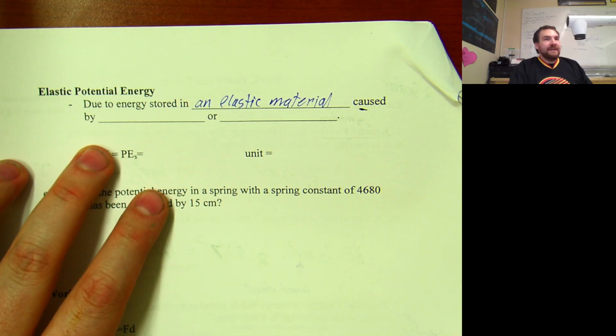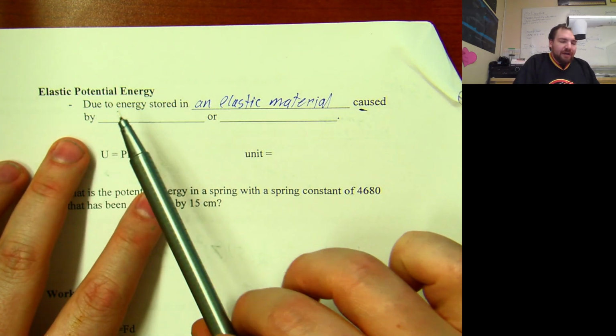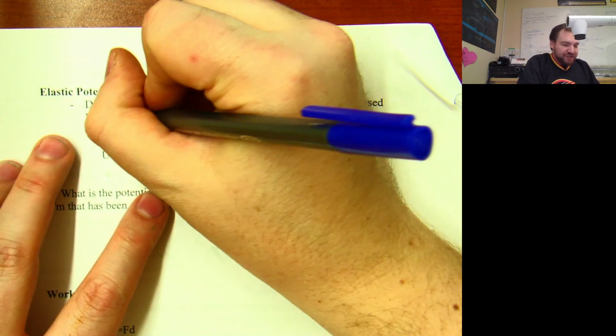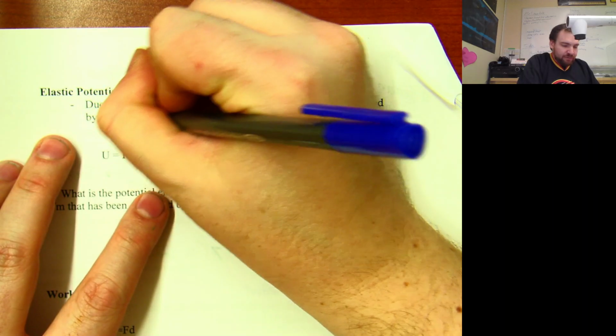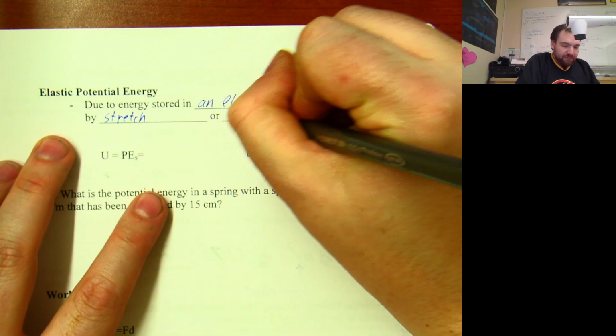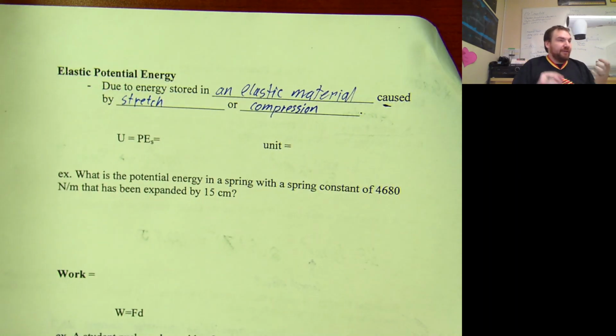Like a rubber band would be an elastic material. Like a car tire, the rubber there is an elastic material. A spring, a slinky is an elastic material. So elastic potential energy is due to energy stored in an elastic material caused by either a stretch or compression, depending on the material.